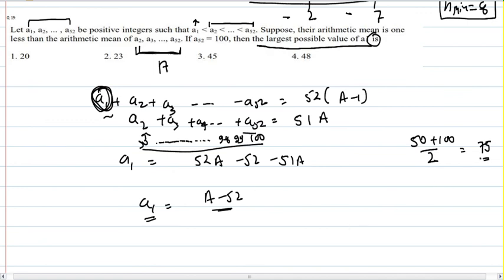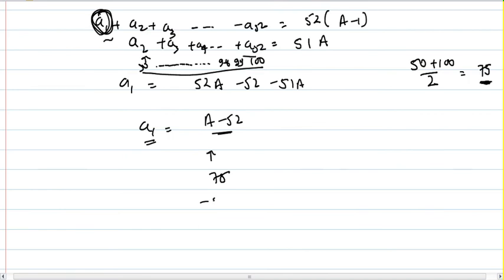Now, the overall average being 75, if I put that information here, 75 minus 52 is the maximum value of a1. This is 23.